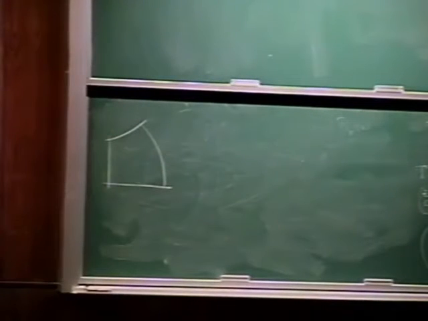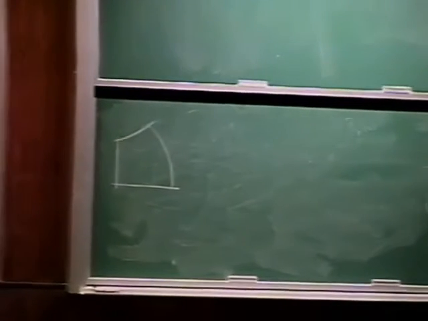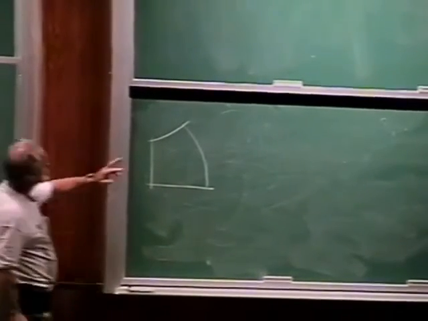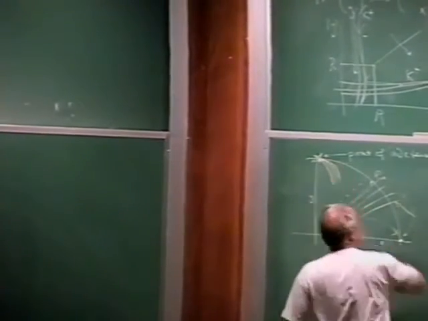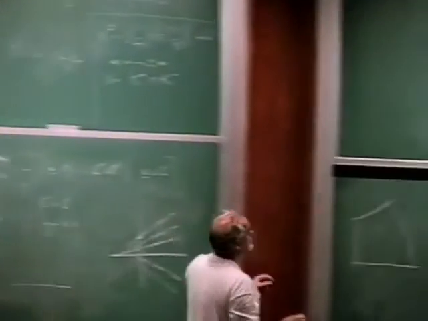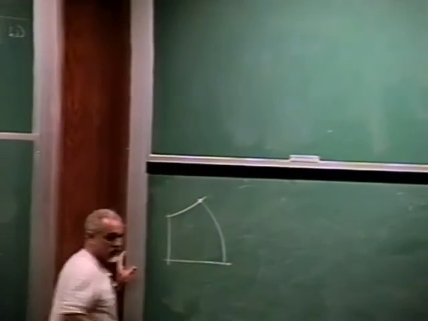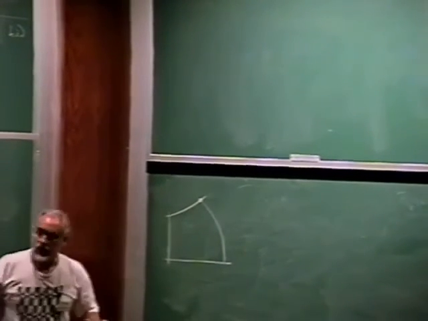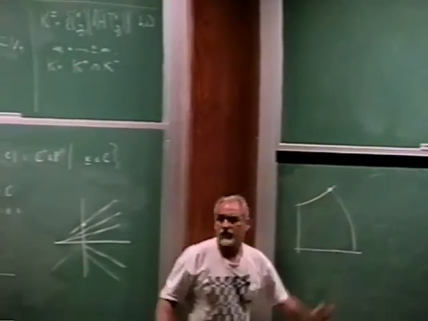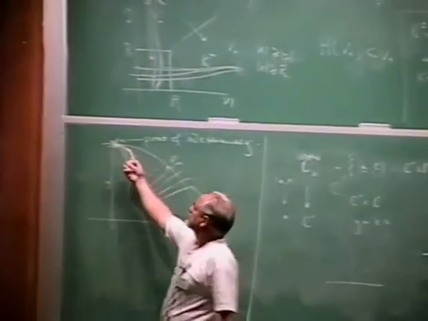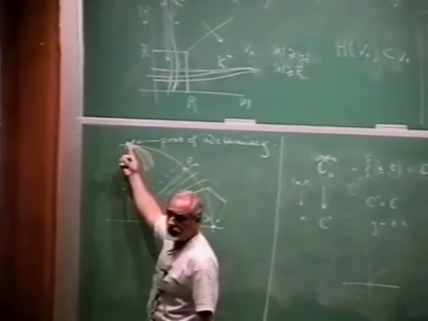If I blow up, this point becomes a line. These parabolas are going to become curves that are going to tend to this point. The points of this line correspond to slopes of lines through this point.